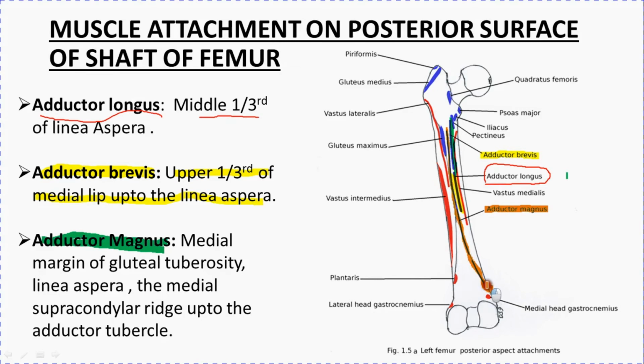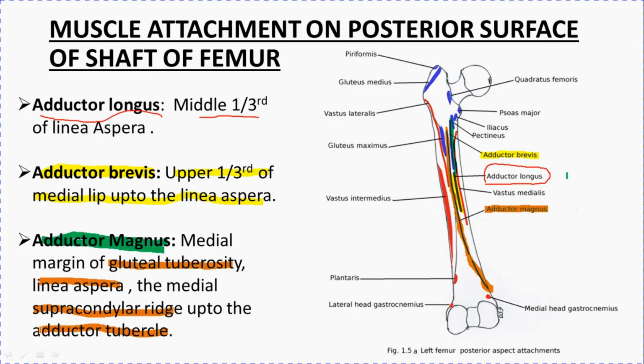So the adductor magnus muscle takes the largest origin. It is arising from the medial lip of the gluteal tuberosity, the linea aspera, the medial supracondylar ridge, down up to the adductor tubercle.